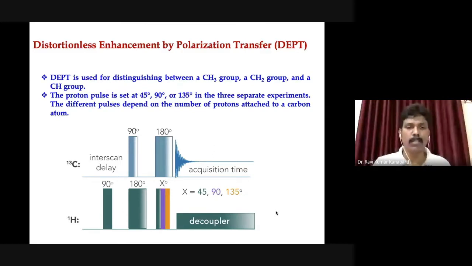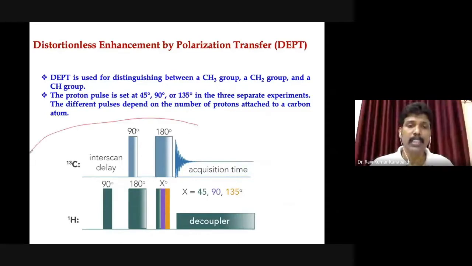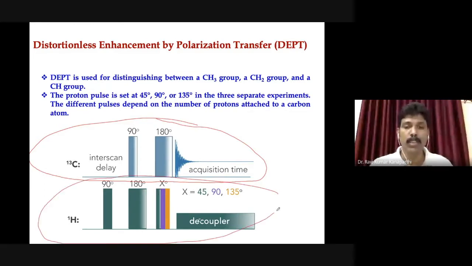So this diagram on the slide basically explains the differences in terms of pulses used in NMR spectroscopy to record a simple C13. These are the pulse sequences generally used.